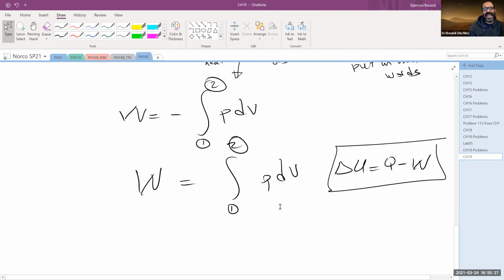If you do the homework problems following this convention, and you run into some problems with the online homework, please let me know, so that I can override it, because this definition is not conventional, by the way. If you plugged in the minus and the online homework is not giving you the correct answer, let me know and I will override it, okay?